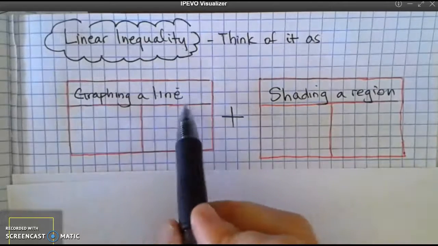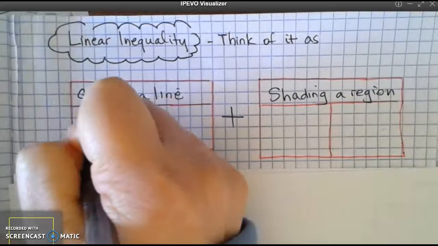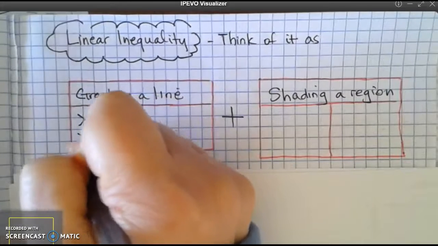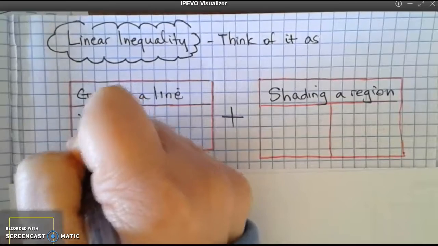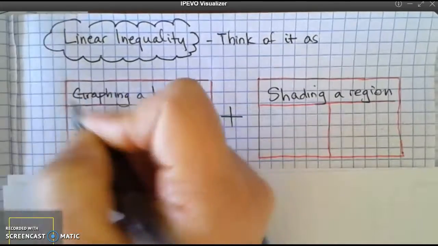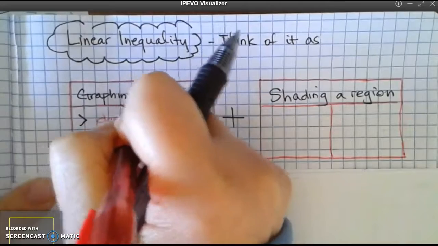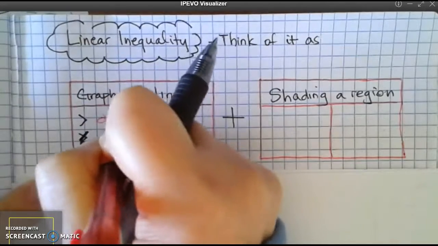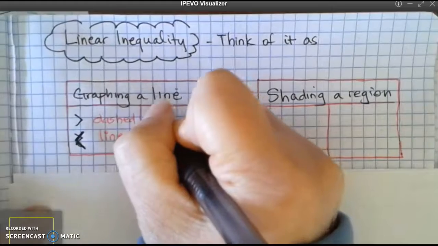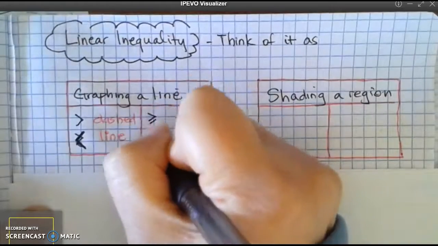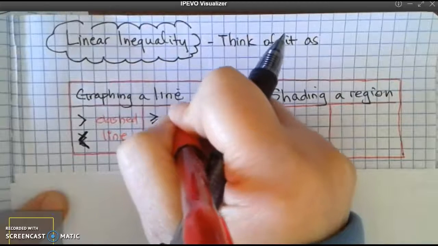So when we're talking about graphing a line, it can be greater than or less than. And that's going to have a dashed line. In contrast, if you have greater than or equal to or less than or equal to, you're going to have a solid line.